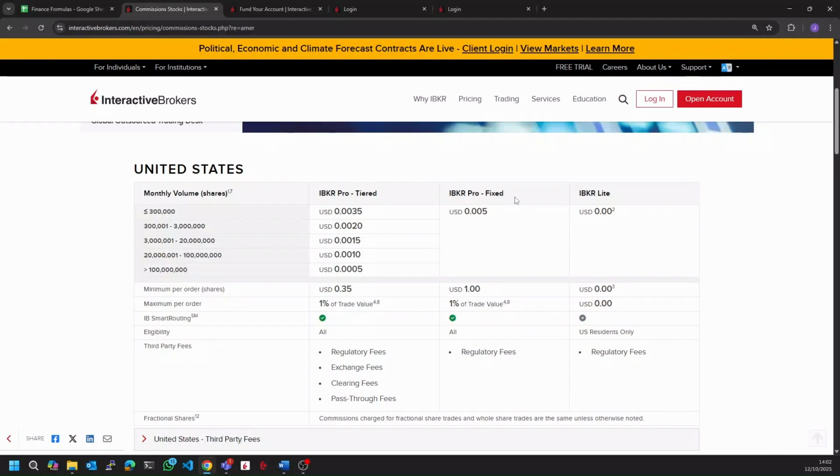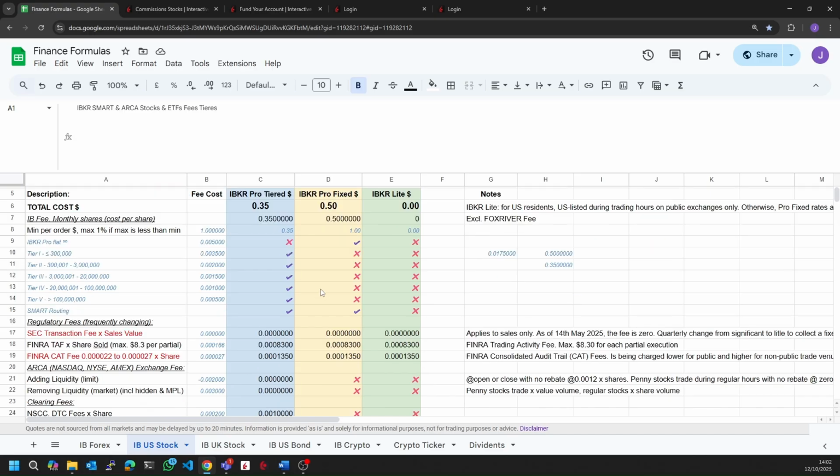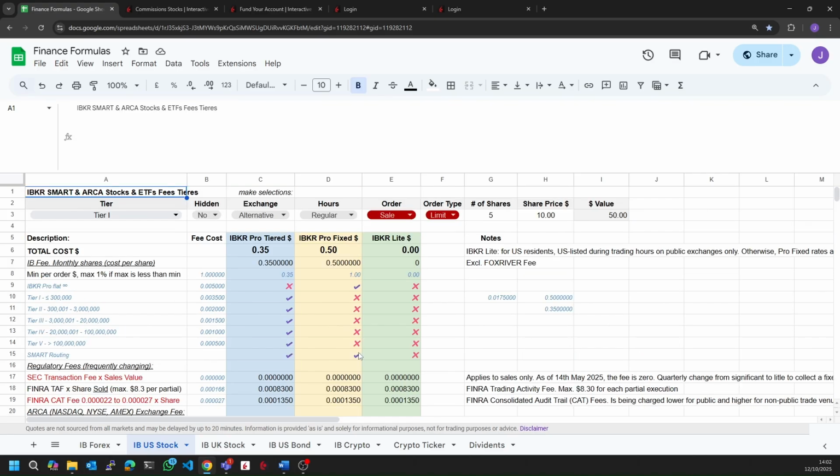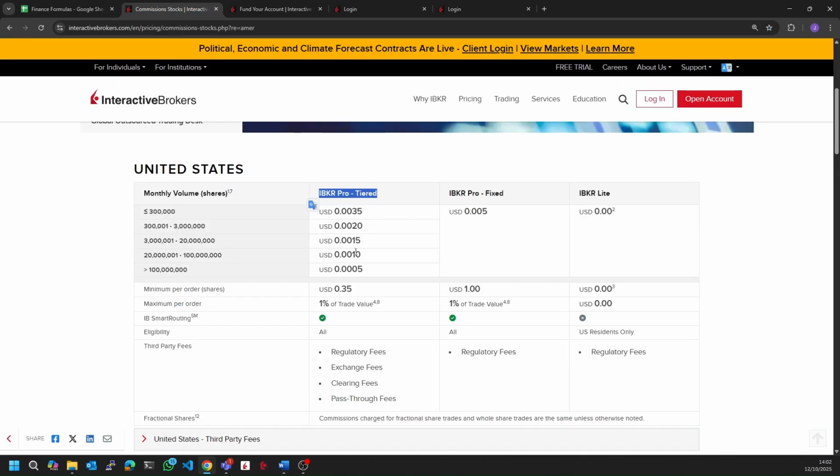The other 2 pro tiers are for international investors and traders. For US traders, this is not so obvious. Which tier should you go for? At first glance, you would think, okay, high traders maybe here, but I created an Excel spreadsheet to gather all this data and try to understand. This fee tier is actually not so easy to understand.